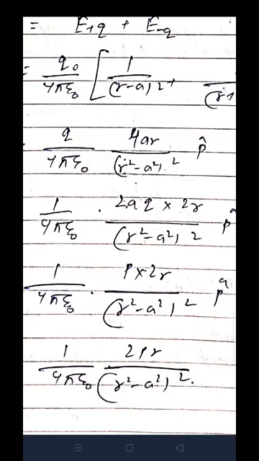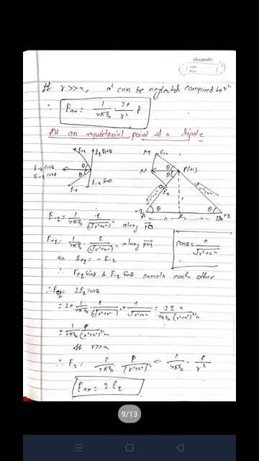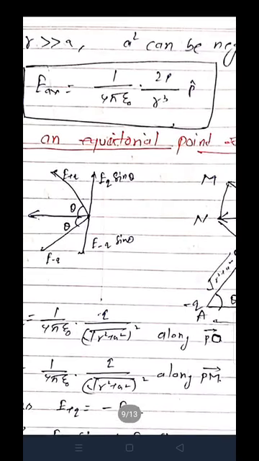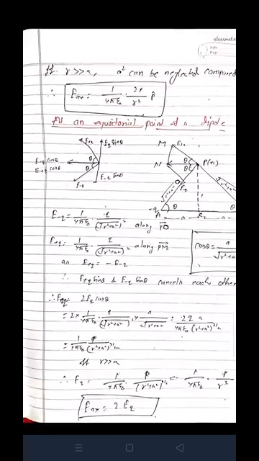In the numerator there is 1 r, in the denominator there is r to the power 4. So 1 r will be cancelled, and we will get r cube in the denominator: 1 by 4 pi epsilon naught, 2 p by r cube. This was the question, to find the electric field at an axial point due to an electric dipole.